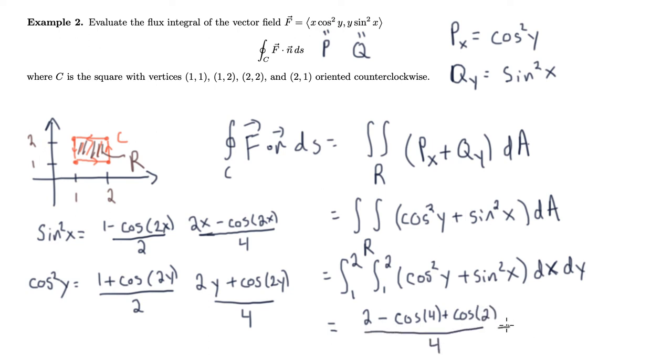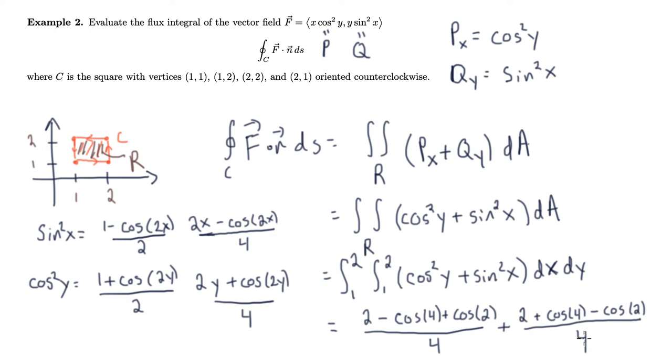And then plus, well, same thing here. I'll just have a 2 when I evaluate y from 1 to 2. And now I'll have plus cosine of 4 minus cosine of 2 all over 4.